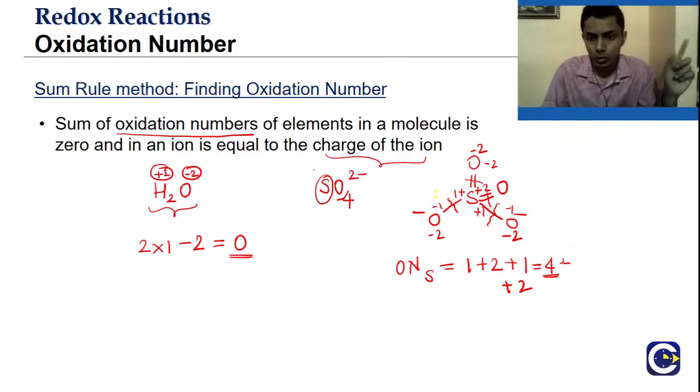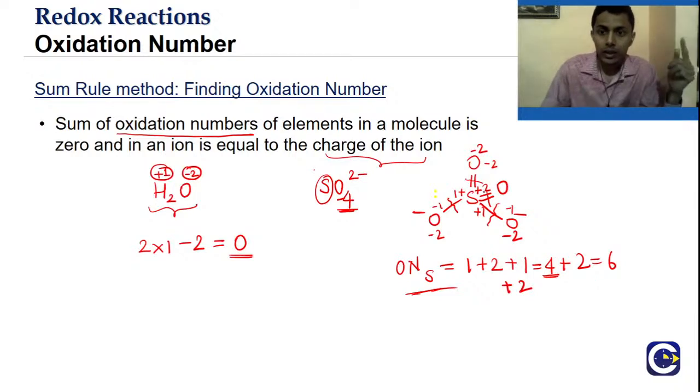So it will be 4 plus 2, which is 6, because it is SO4, so 4 oxygens should be there, not 3. Then the oxidation number of sulfur will be plus 6. Clear? Oxygen will always have minus 2, so it will be plus 6.